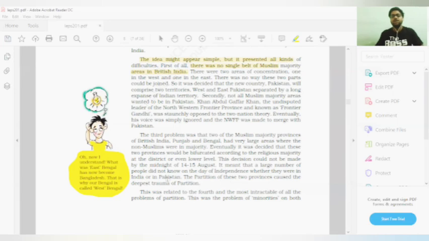So India was not a nation of Hindus only, it was a nation of Hindus, Muslims, Sikhs, Christians, Buddhists, Jains, Jews, Parsis, and all the small and large sects, which were not even described as religions. So India was not a Hindu nation. This was decided, whereas Pakistan was very strictly a Muslim nation.